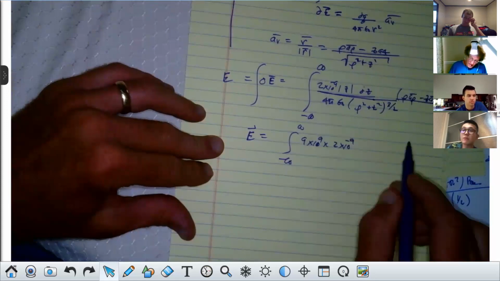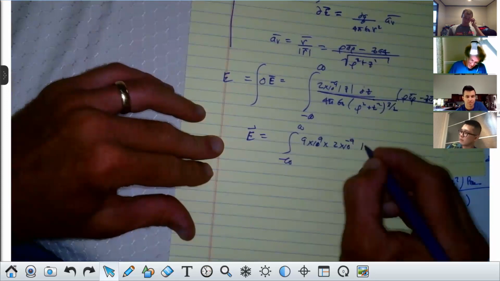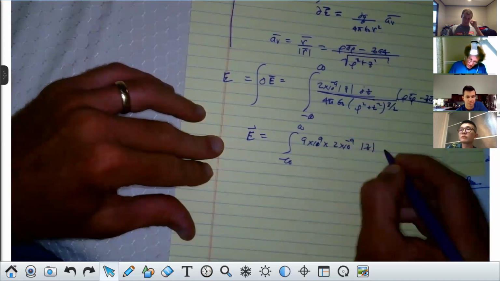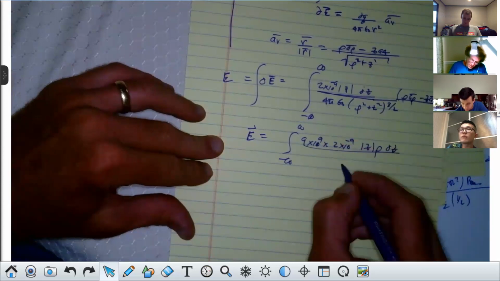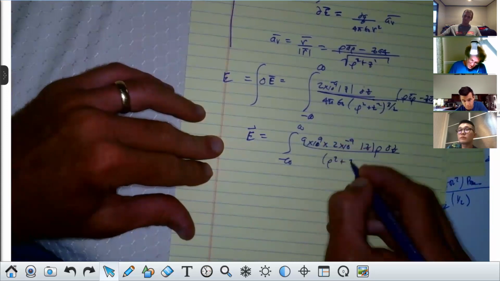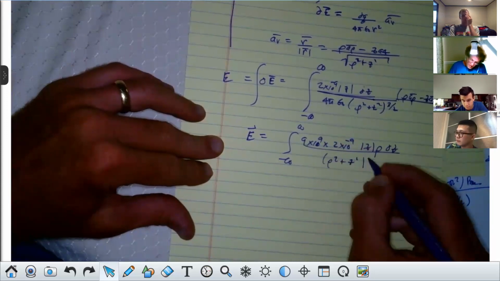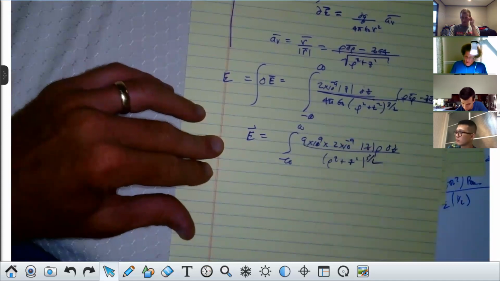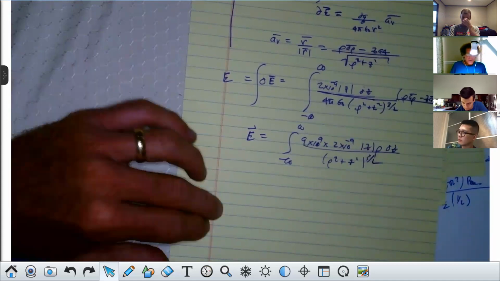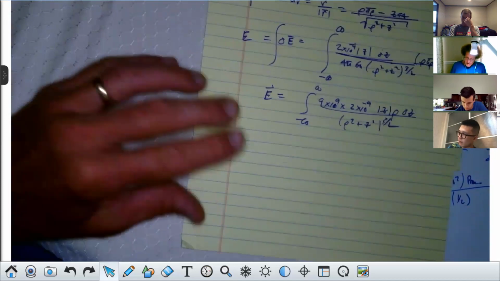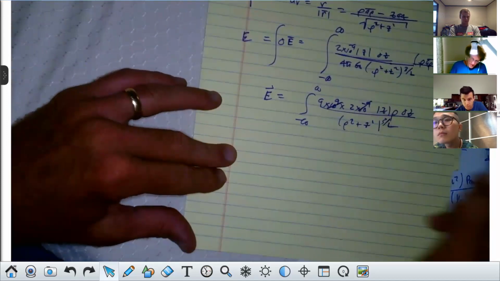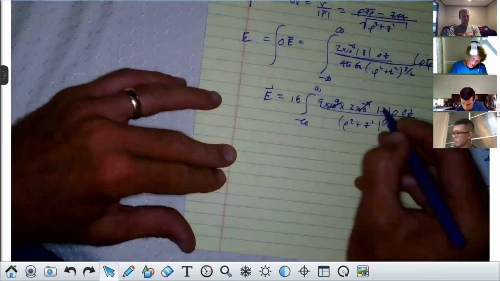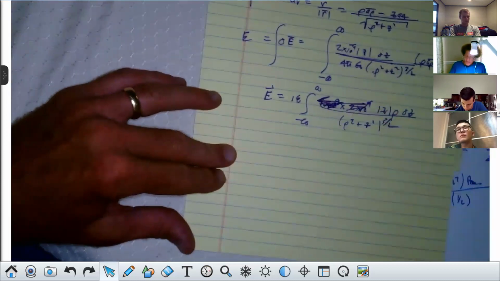Then I have the magnitude of z, and I have rho, and then I have dz over rho squared plus z squared to the 3/2 power. Y'all with me on this? I'm just trying to chomp it down. And I can see these two get rid of each other. So I'm left with 18. And I'll get rid of all that stuff and just put 18 out in front.